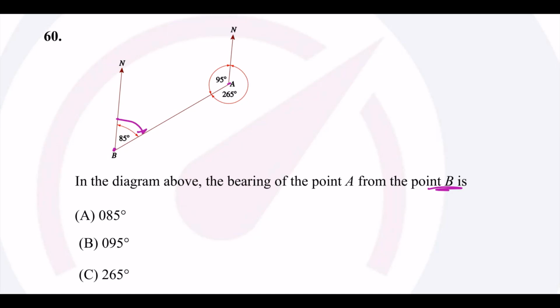They like to confuse you. From means that we're measuring from B. We're starting at B. Anything that comes after "from" is our start. So we're going to A. Here's the A. And we know bearings are written in 3 figures, so it's 0, 8, 5 degrees. So our answer is going to be A.